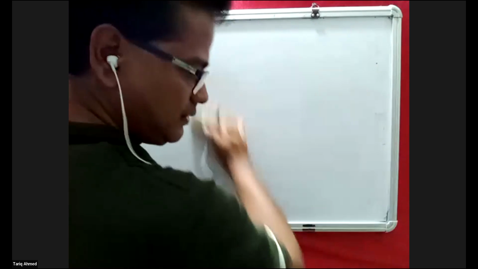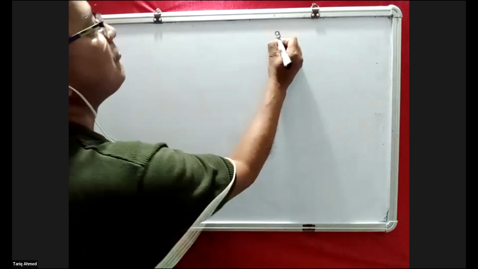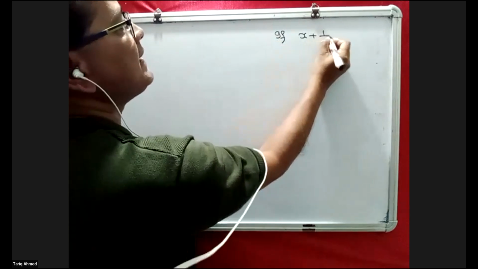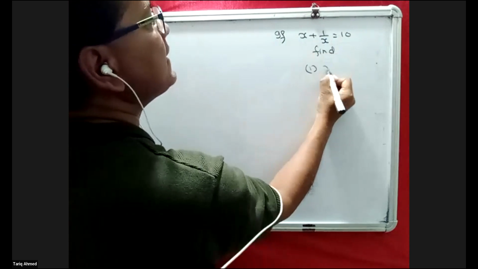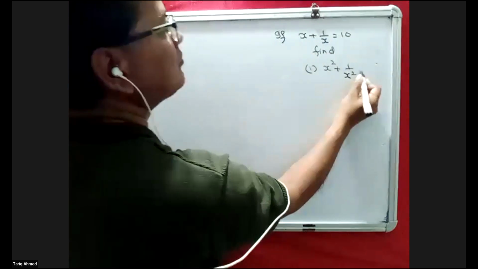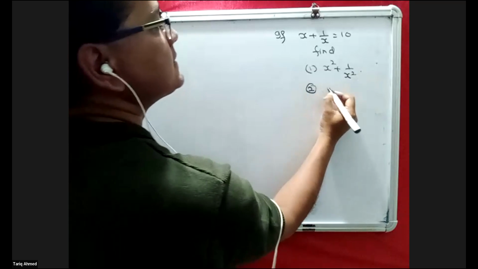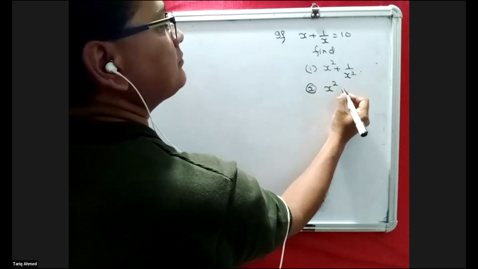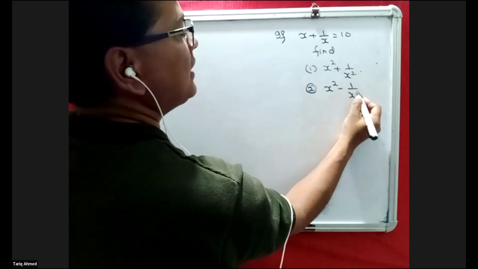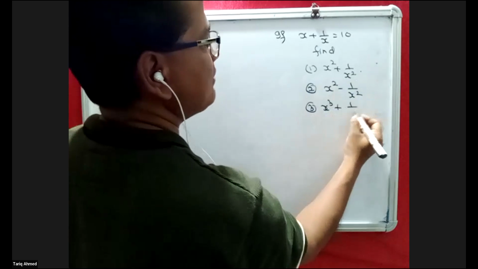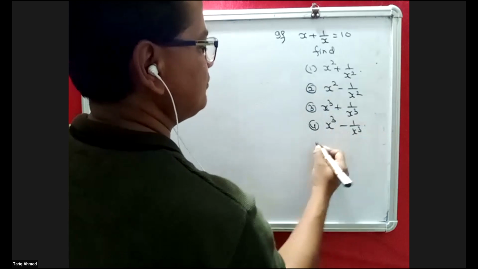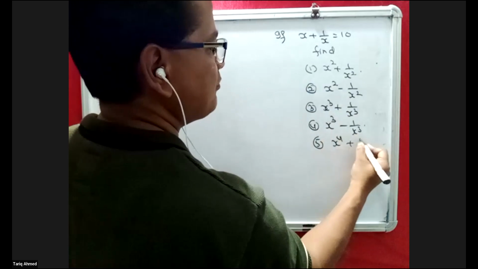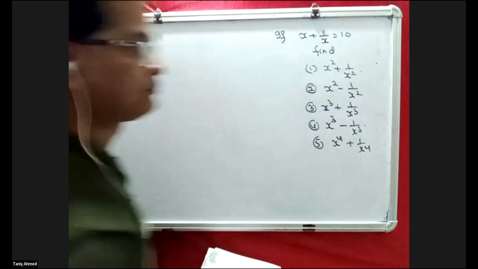See, one question I have. It is given, if x plus 1 by x is 10, then find x square plus 1 by x square, then x square minus 1 by x square, then x cube plus 1 by x cube, x cube minus 1 by x cube, x to the power 4 plus 1 by x to the power 4, and so on.